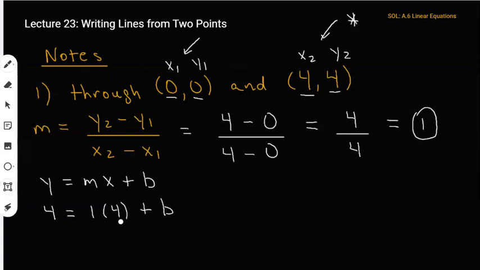So all I did was I substituted one of the points for my x and my y. 1 times 4 is going to give me 4. Everything else stays the same. And now to get b by itself, I need to subtract 4 from both sides. And when I do that, I get 4 minus 4 is 0.